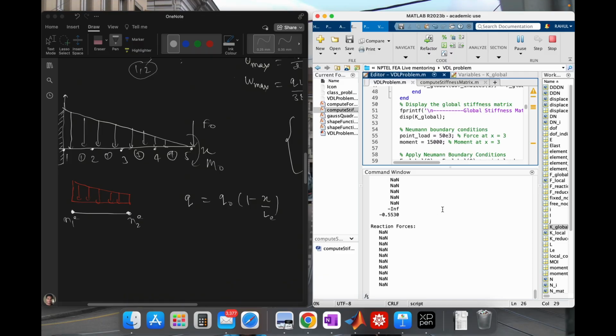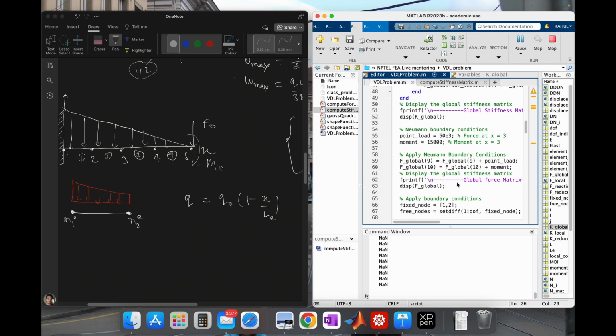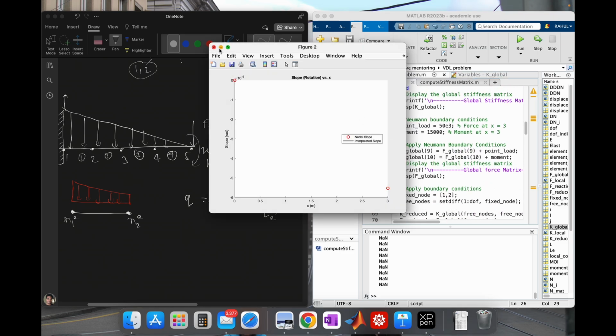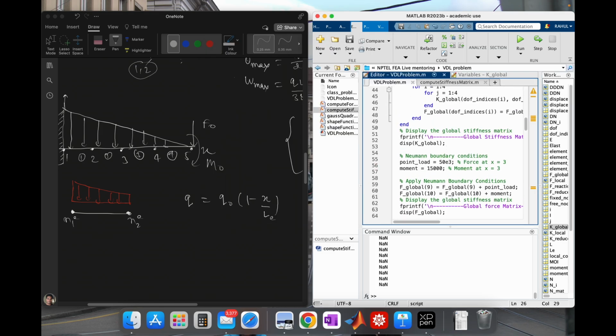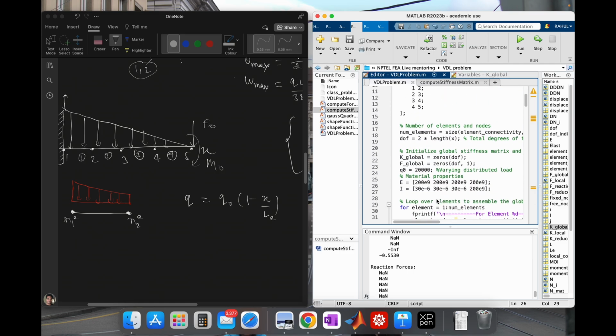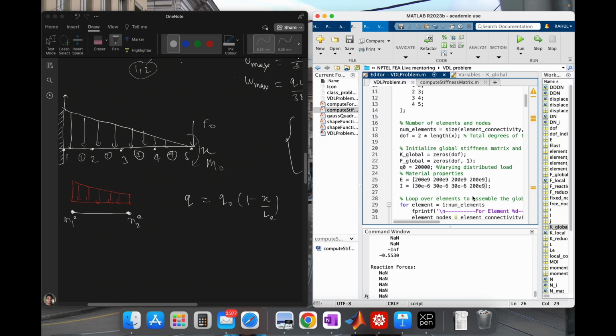Okay, so I think I have made some mistake here, that's why I'm getting not a number. So here you can see that I have made one mistake.